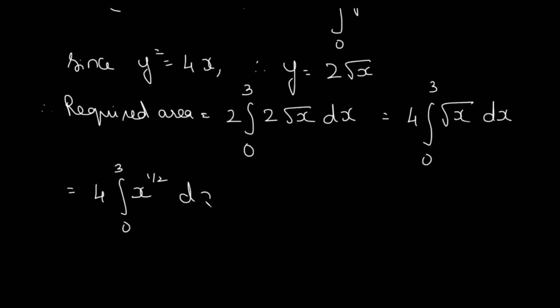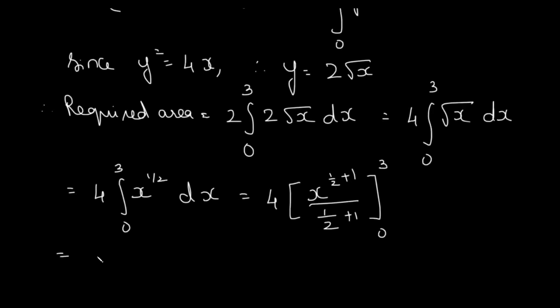Yes, of course, now you know the answer because we are going to use the formula: integral of x raised to n is x raised to n plus 1 upon n plus 1. So this becomes 4 into x raised to half plus 1 upon half plus 1. This you have done many times, isn't it? Now we simplify it further. So we get 4 into x raised to 3 by 2 upon 3 by 2.